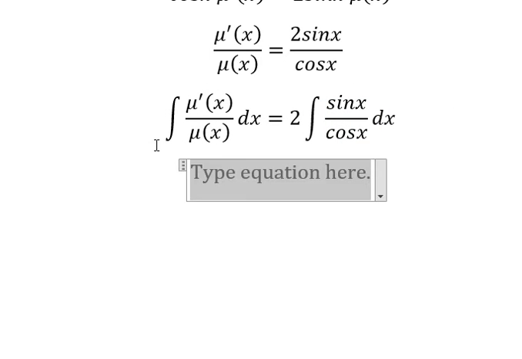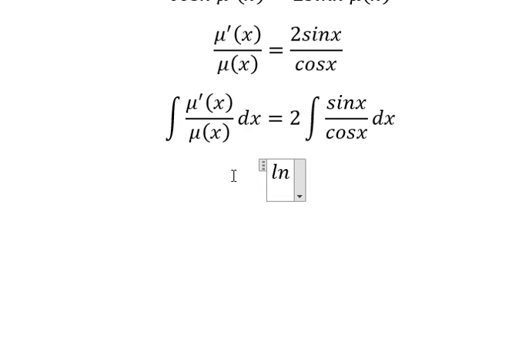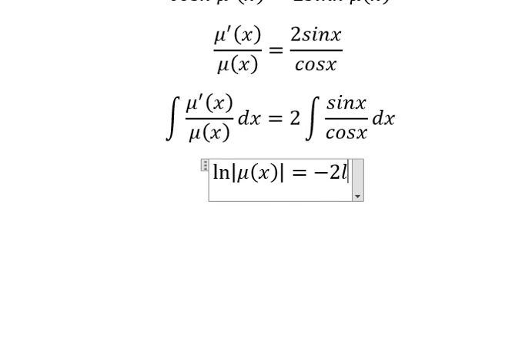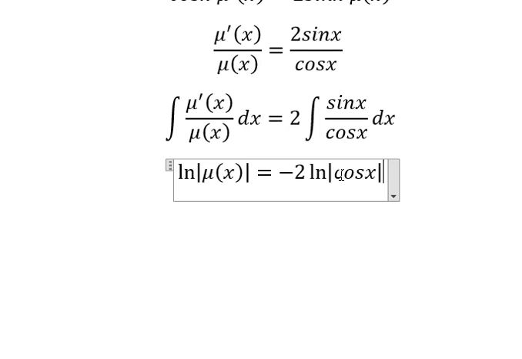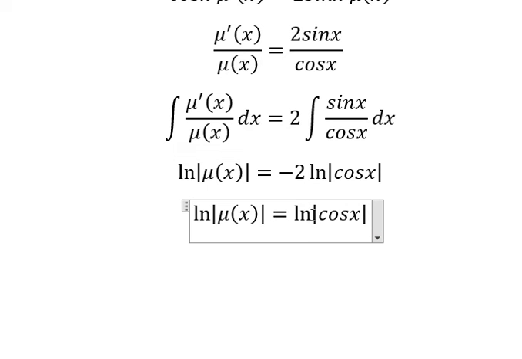So the integration of this one, we have ln of the absolute value of mu x. The integration of this one, we have negative number 2 ln of the absolute value of cosine x. So I will put negative number 2 go inside about natural log in here.